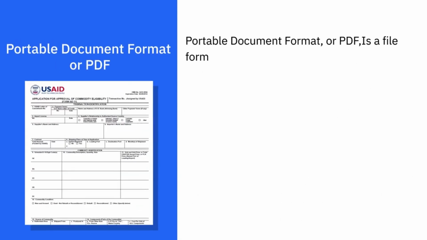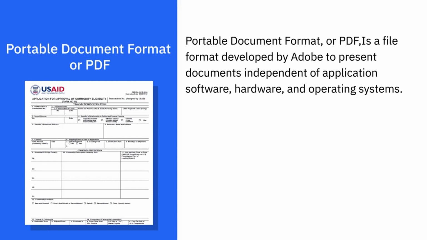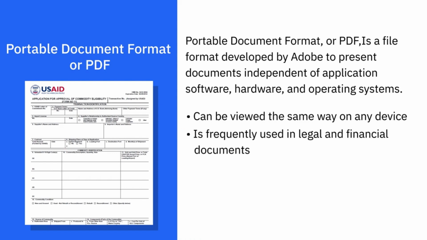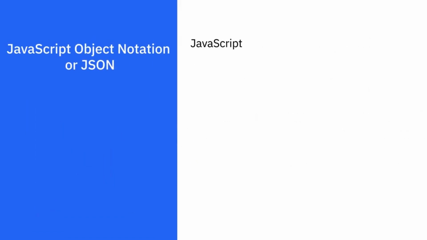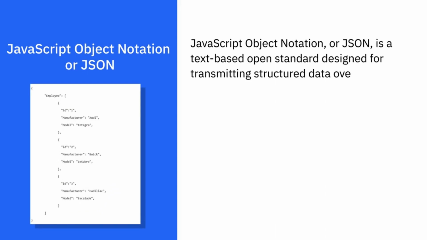Portable Document Format, or PDF, is a file format developed by Adobe to present documents independent of application software, hardware, and operating systems, which means it can be viewed the same way on any device. This format is frequently used in legal and financial documents and can also be used to fill in data such as forms. JavaScript Object Notation, or JSON, is a text-based open standard designed for transmitting structured data over the web.